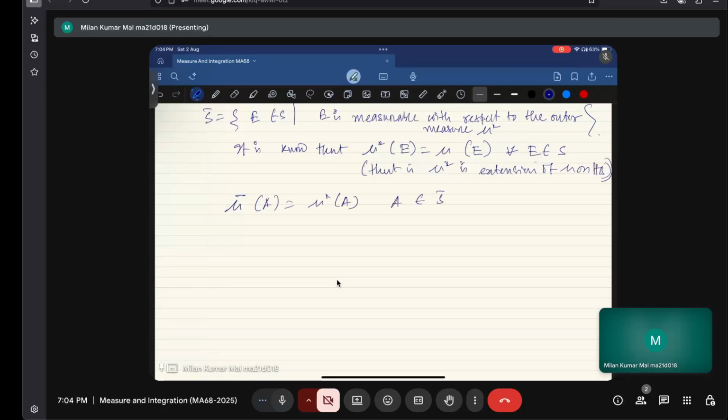So basically we have an outer measure, and with this outer measure we consider all measurable sets, and that will be a sigma ring, again coming from HS.